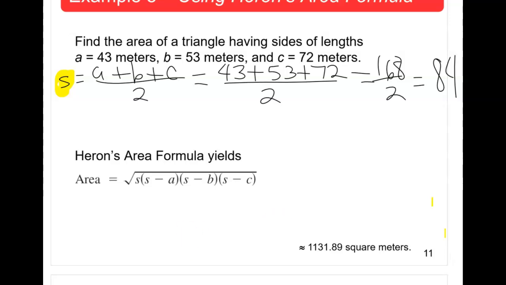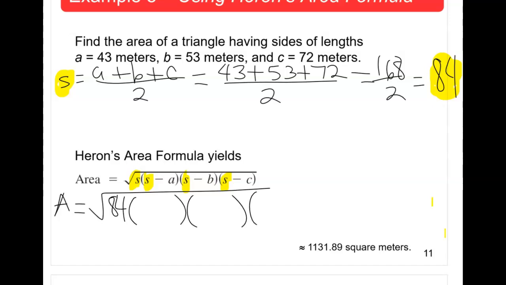Okay, now that we know what the value for S will be, we're going to substitute it into our formula here, here, here, and here. So we're going to have the area is equal to the square root of the product of 84. And then we're going to write it 3 times. We're going to write 3 sets of parentheses. So 84 minus, 84 minus, and 84 minus.